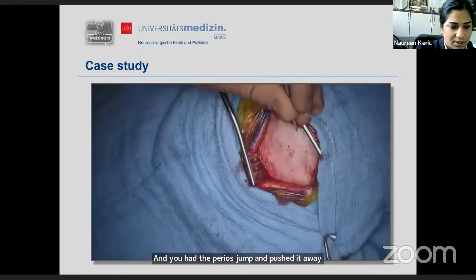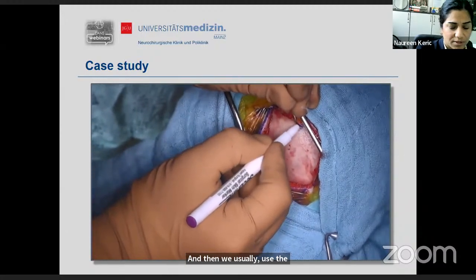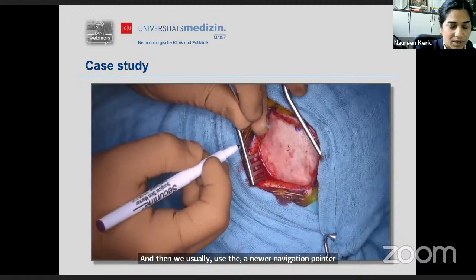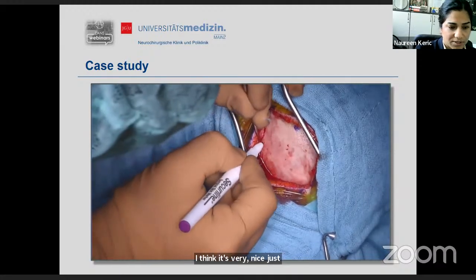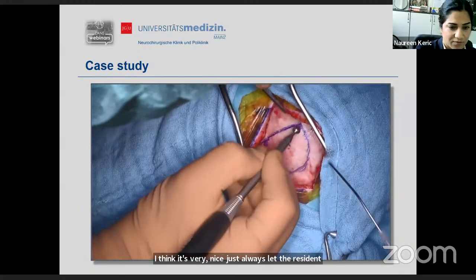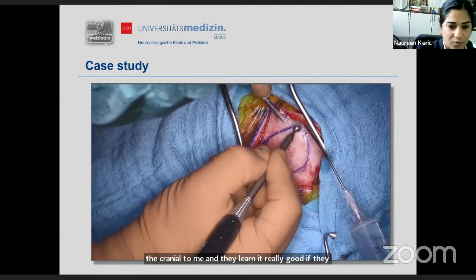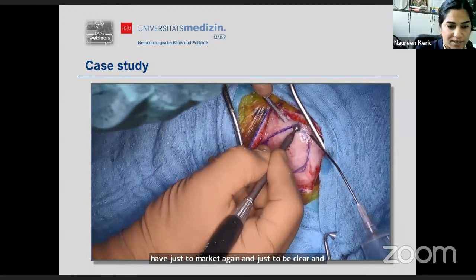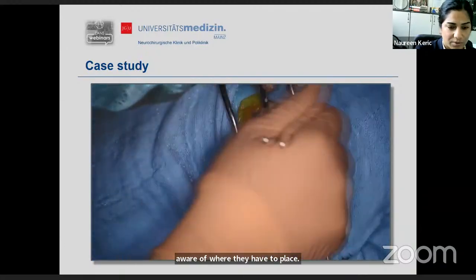And then we usually use the neuronavigation pointer just to mark the craniotomy. I think it's very nice to always let the resident do the craniotomy, and they learn it really well if they have to mark it again, to be clear and aware of where they have to place the burr holes and how to do the craniotomy.